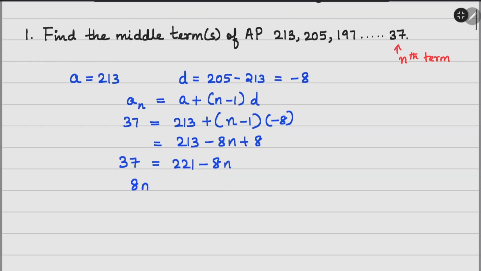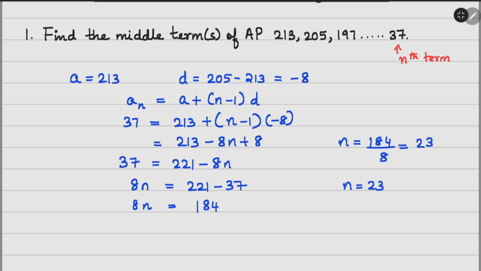I'll take 8n to one side: 8n is equal to 221 minus 37, which is 184. So n is 184 divided by 8. 8 2s are 16, 8 3s are 24. So the total number of terms is 23 in this arithmetic progression.